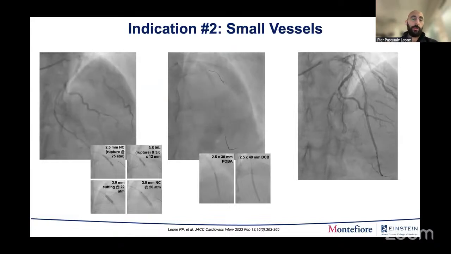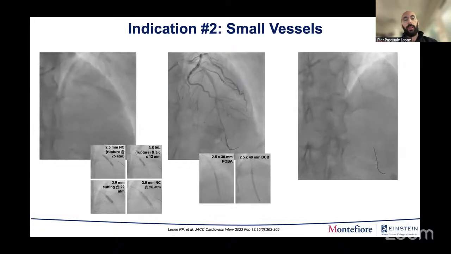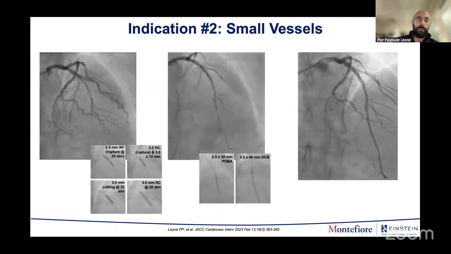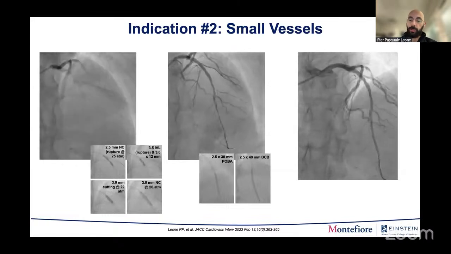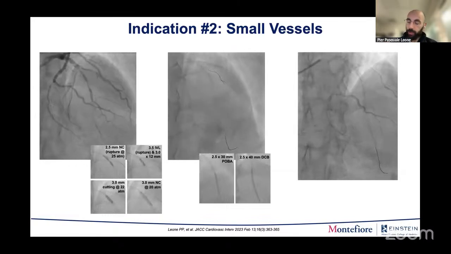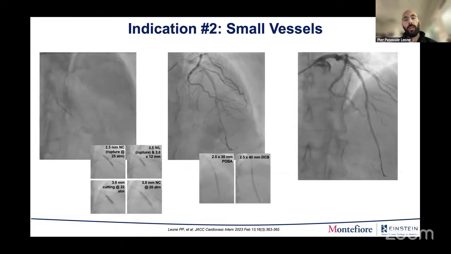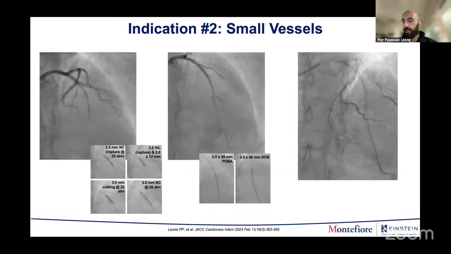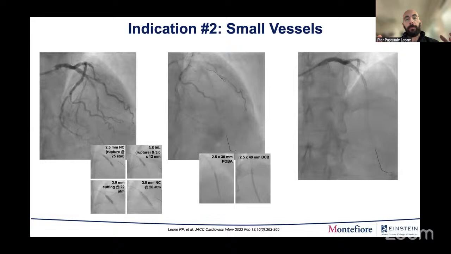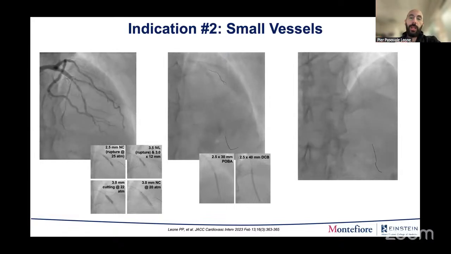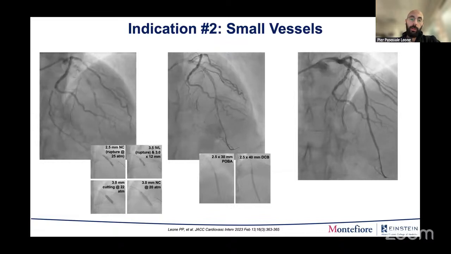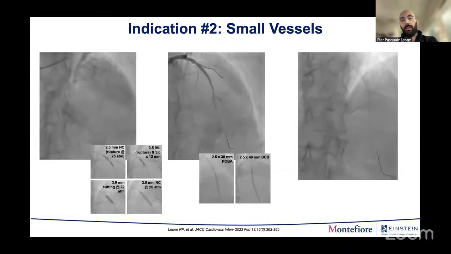We prepared the lesion with a 2.5 non-compliant balloon, then a 3.0 cutting balloon, 3.5 IVL, then again a 3.0 non-compliant, just to make sure there was that acute lumen gain that we really want to see whenever we do DCB angioplasty intention to treat. And of course, we do get acute lumen gain, but then we also get a very, very nice dissection in the mid to distal LAD.